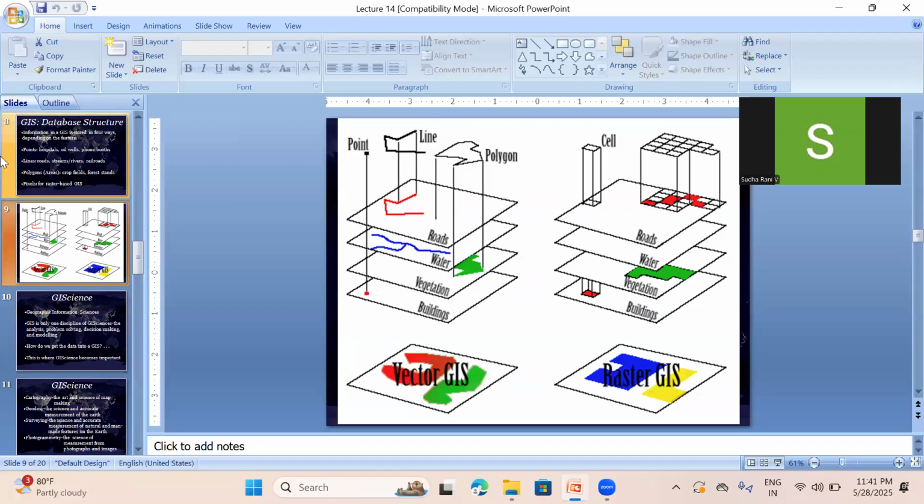If you see here, we can see GIS data structures: points, polygons, lines. These are the different layers like roads, second layer water, third layer vegetation, next buildings. This is the polygon, line, and the points.